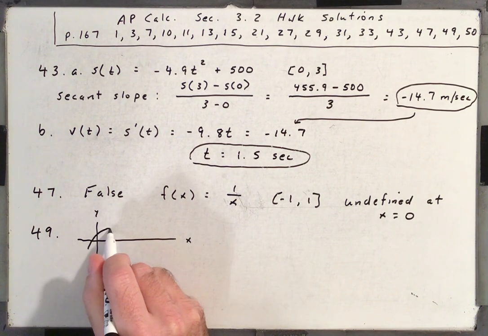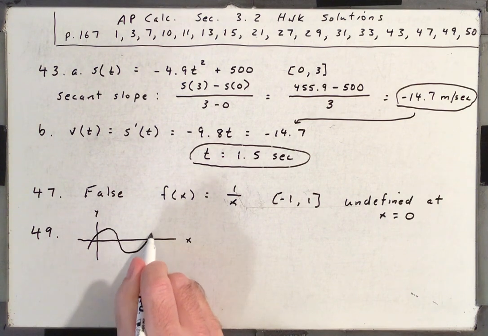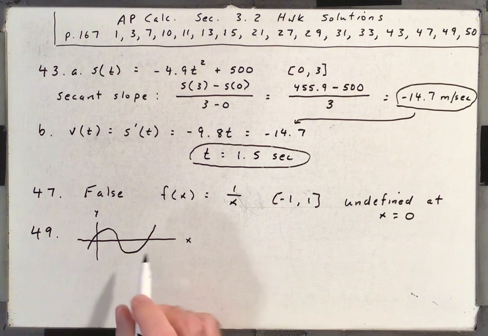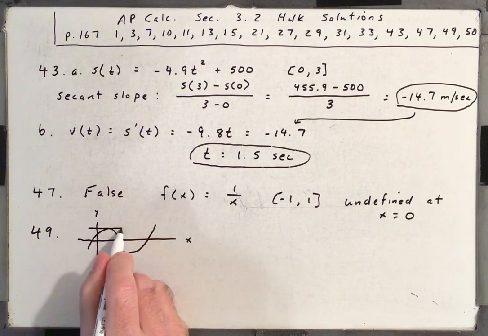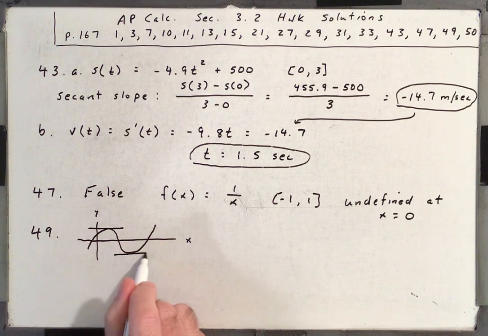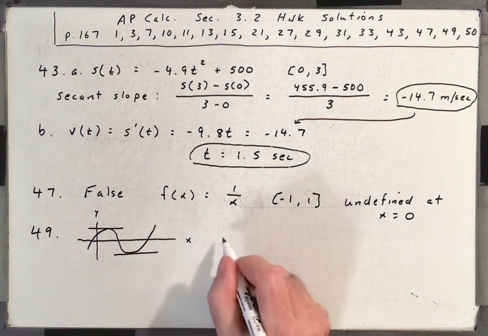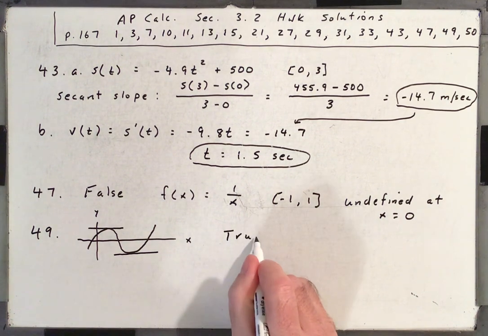All right. 1, 2, 3. 1, 2, 3 x-intercepts. So there's a horizontal tangent line. There's a horizontal tangent line. And it says that there must be at least 2 points. So I would say that one is true.